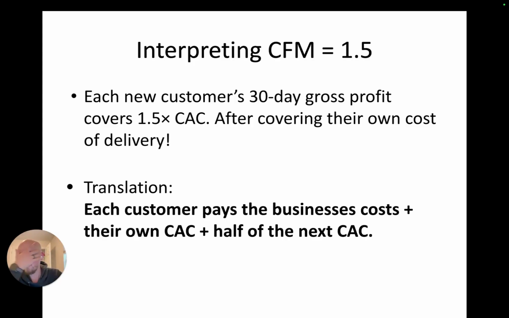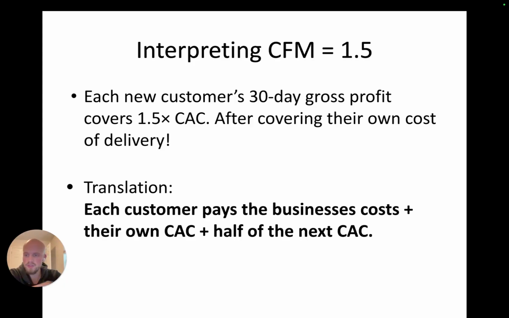So what does a CFM of 1.5 mean? Well, that means each new customer in the first 30 days, their gross profit covers 1.5 CACs, basically. That's after covering their own cost of delivery.